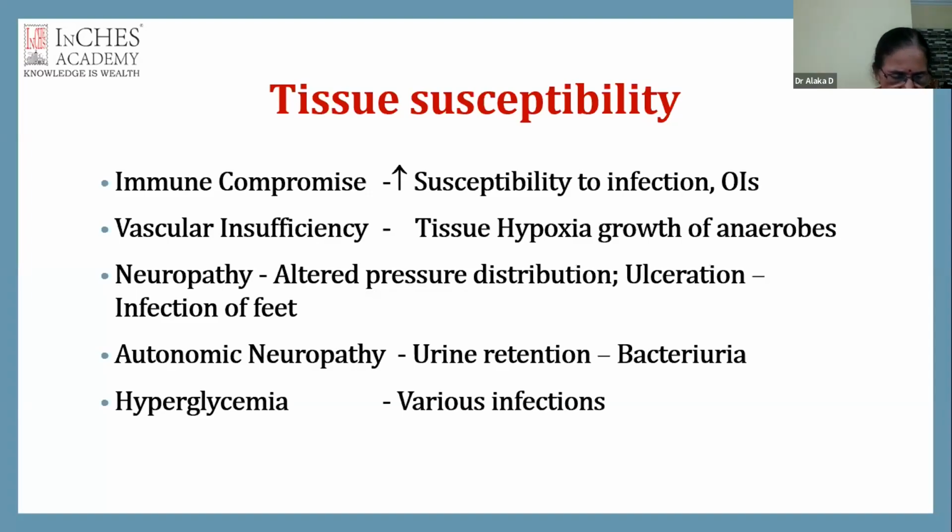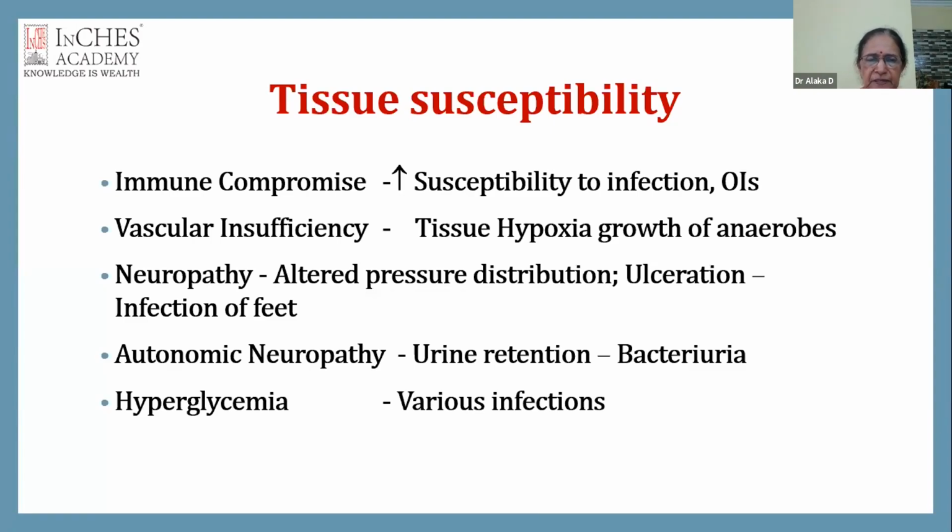Vascular insufficiency. Diabetes causes microangiopathy and macroangiopathy. But the microangiopathy particularly is responsible for tissue hypoxia, and because of the hypoxia there is a growth of anaerobes. Then neuropathy. It is a complication of diabetes, peripheral neuropathy.